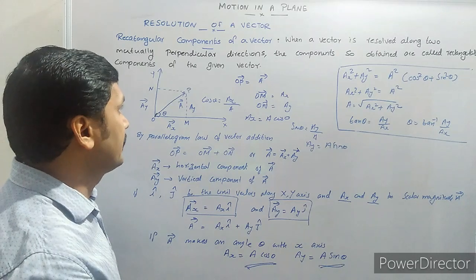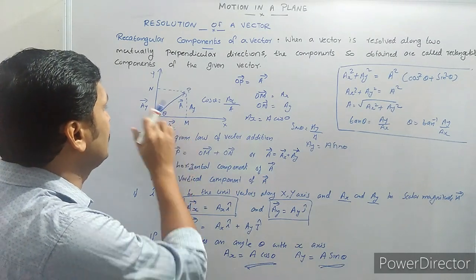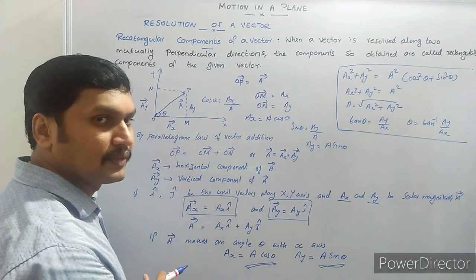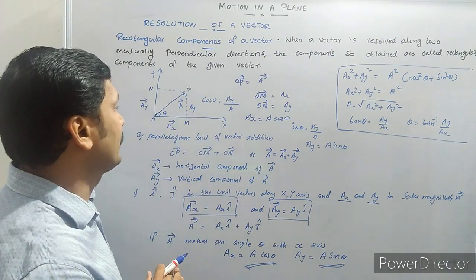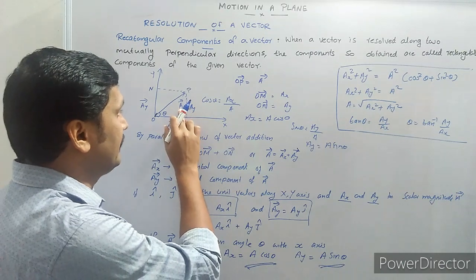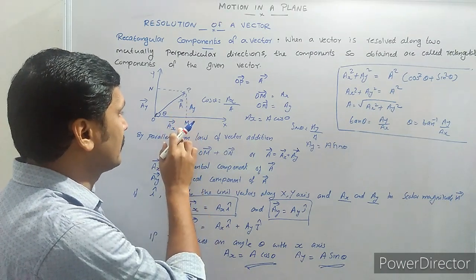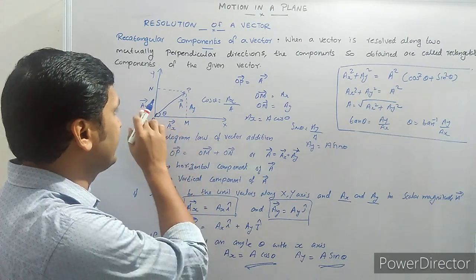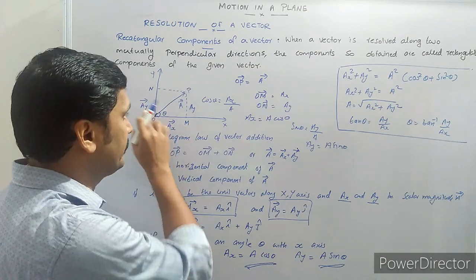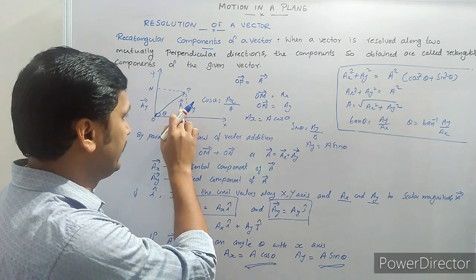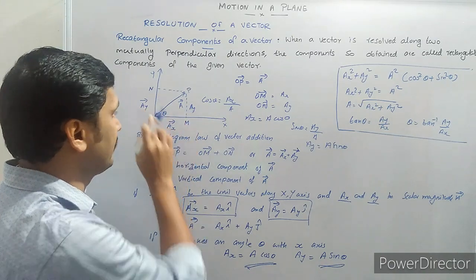The rectangular components of a vector mean two mutually perpendicular vectors. Here the vector A is in terms of two other vectors Ax and Ay, which are mutually perpendicular to each other. So we write A is equal to Ax plus Ay.